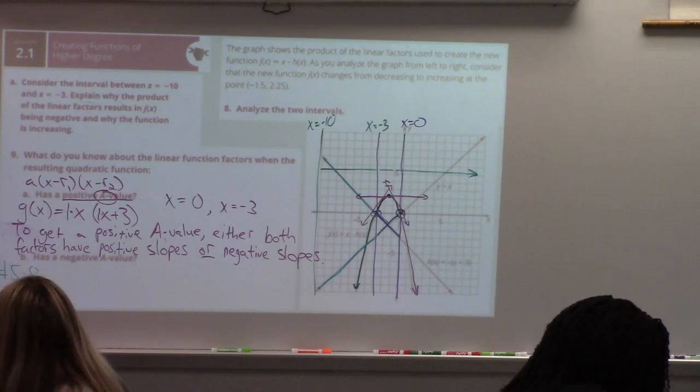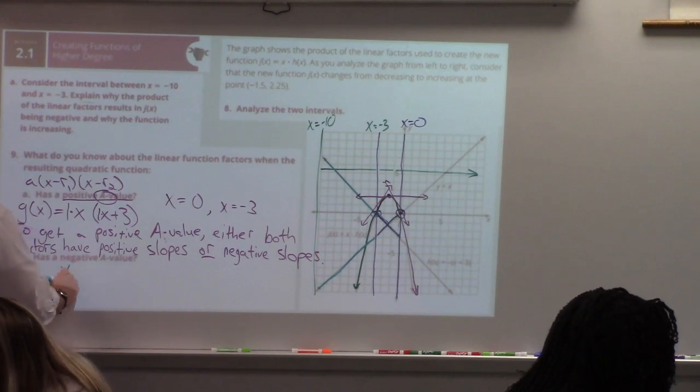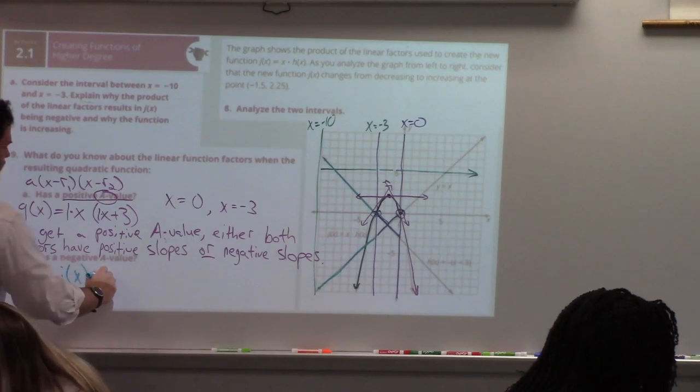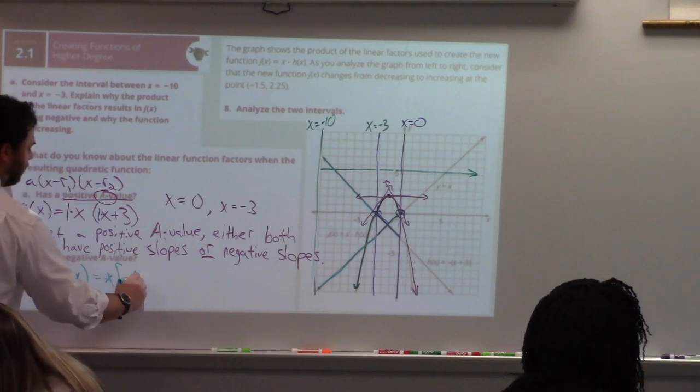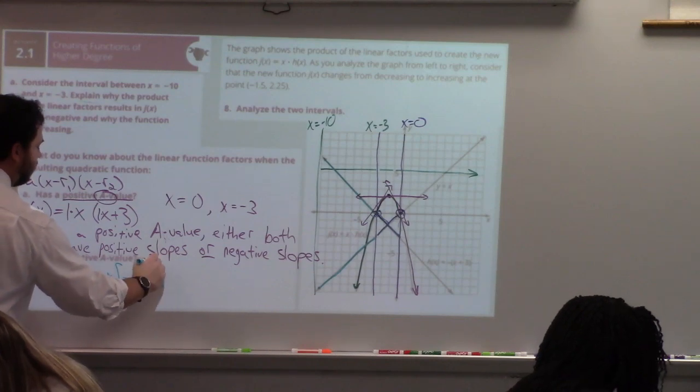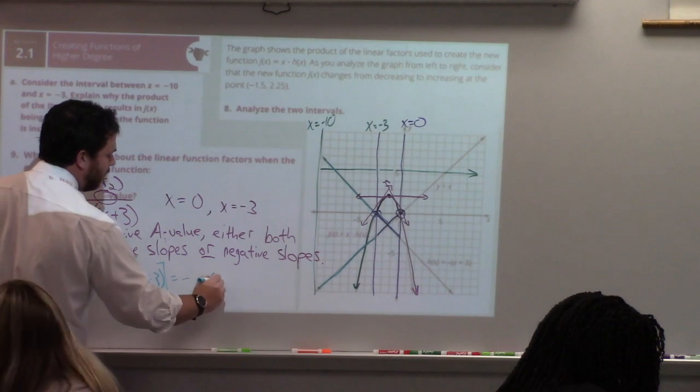Okay, so for numbers 5 through 8, that's where we got j of x equal to, and really came out to be, it started as x times negative x plus 3. And remember, we just rewrote that as negative x times x plus 3.